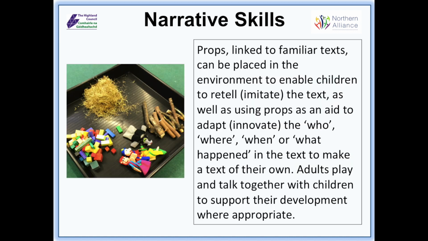Props linked to familiar texts can be placed in the environment to enable children to retell or imitate the text, as well as using props as an aid to adapt or innovate the who, where, when, or what happened in the text to make a text of their own. Adults can play and talk together with children to support their development where appropriate.